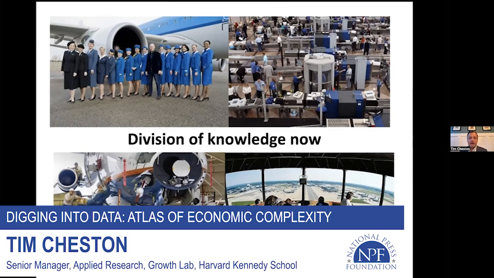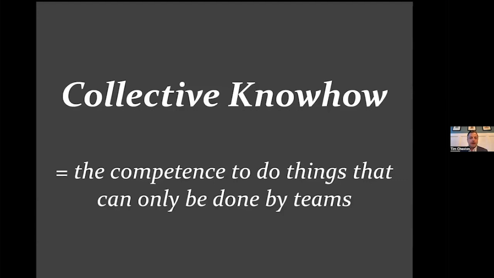So we want to break down industries to understand the know-how that is required to operate that industry, thinking of it less as individuals and more as the collective knowledge of a team that is able to do things more than any individual in that team could do by themselves.